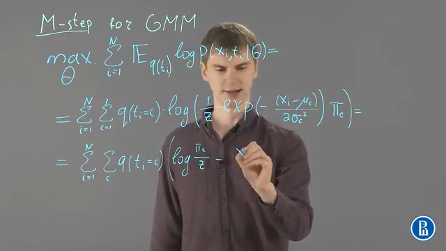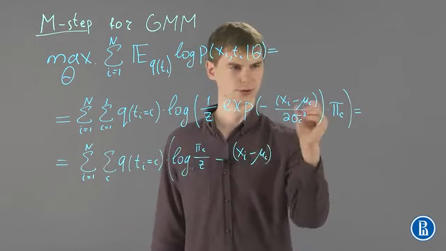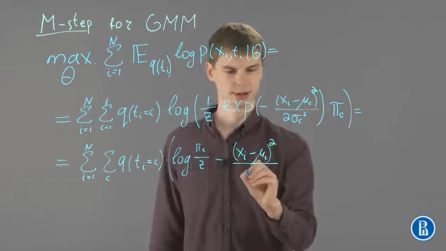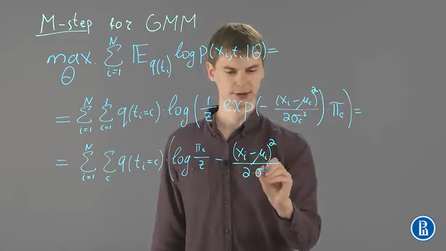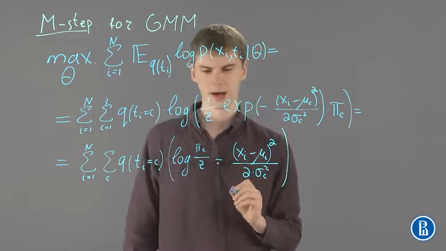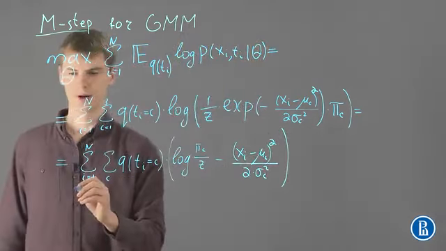So it's x_i minus mu_c. Oh, I'm sorry, I forgot the squared here. The squared divided by 2 times the variance. And let's optimize this expression, for example, with respect to mu_1.